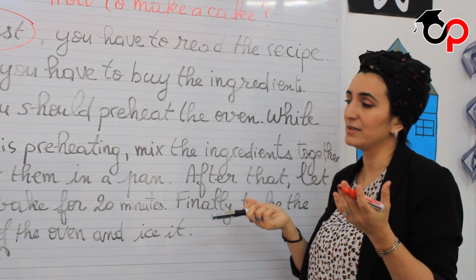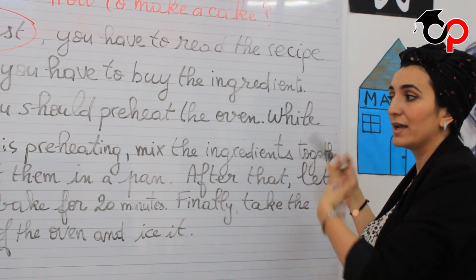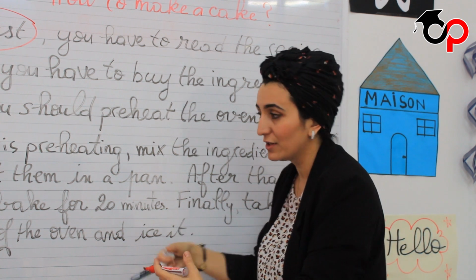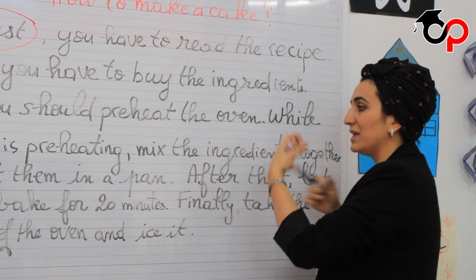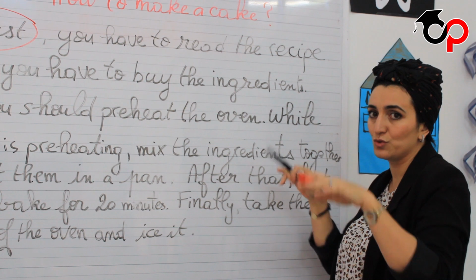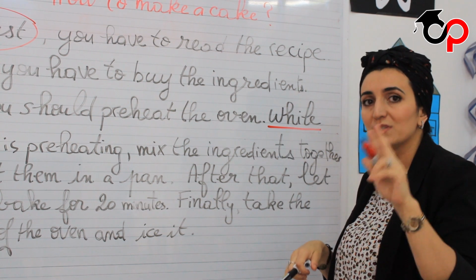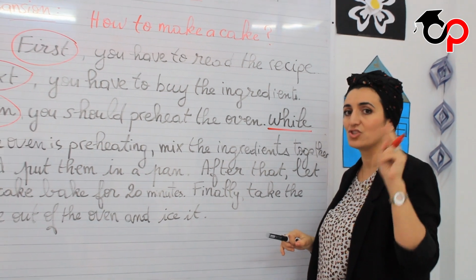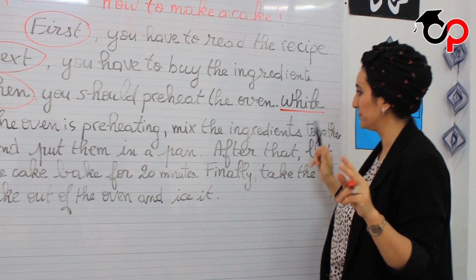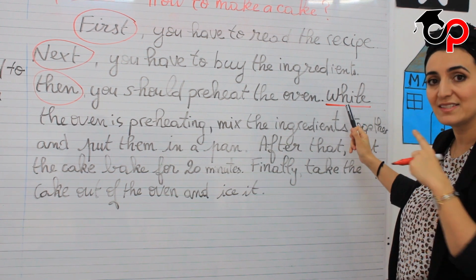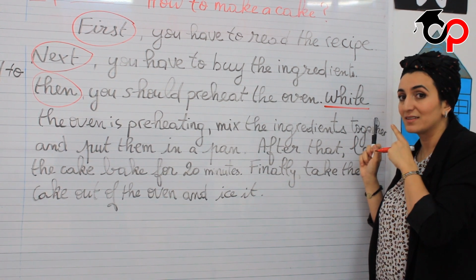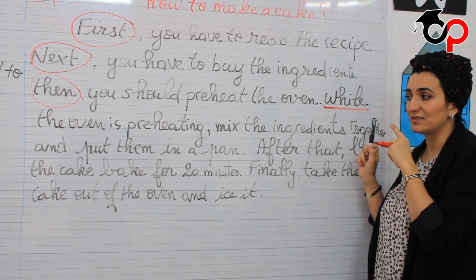Two actions happening at the same time, okay? So while the oven is preheating, you do something else. You mix the ingredients together, okay? Two actions. So here, use while to talk about two simultaneous actions. Two actions happening at the same moment. We already studied it with the present continuous.